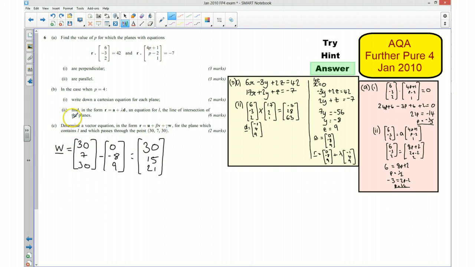So I can say that the equation of this plane is going to be r is equal to, and I can choose this point or this point. I'll go with that one.